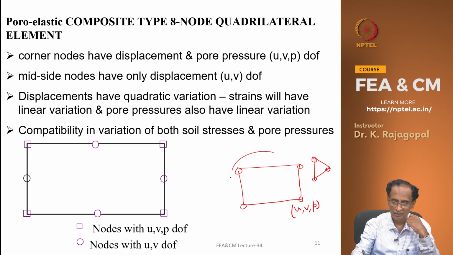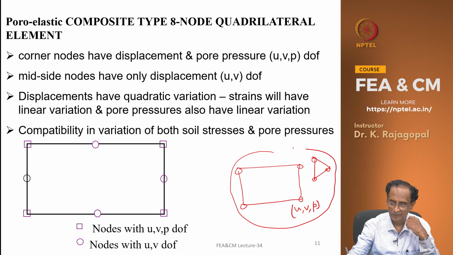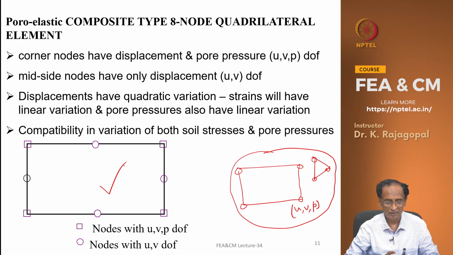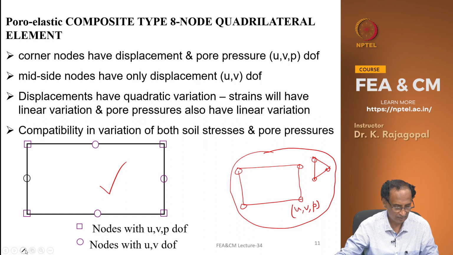So the results that you get with this type of elements may not be as accurate as those we get with this type of elements. Okay. So for all these analyses we prefer using this type of composite type elements.